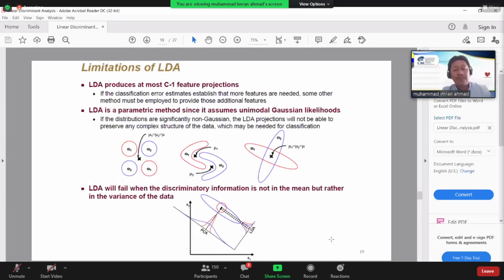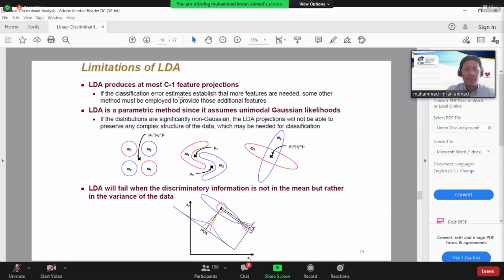Now we want to have a look. As we can see just now, LDA is very good for classification of our data in a feature space, but there are still several limitations that LDA cannot solve. LDA produces at most C-1 feature projections.